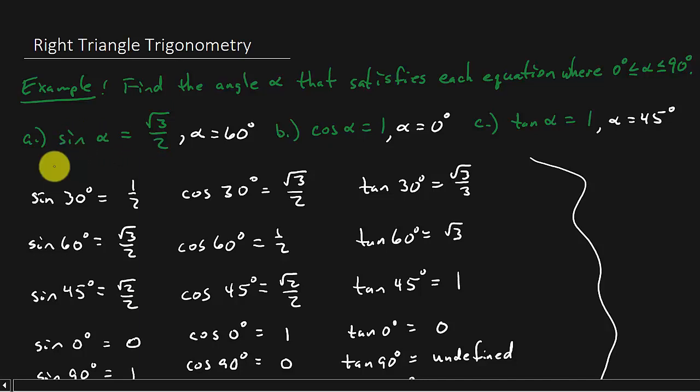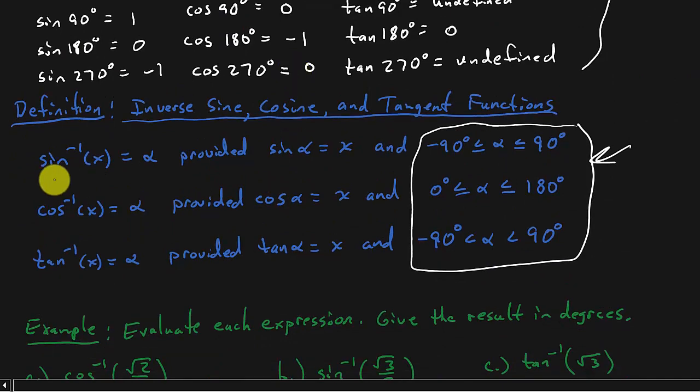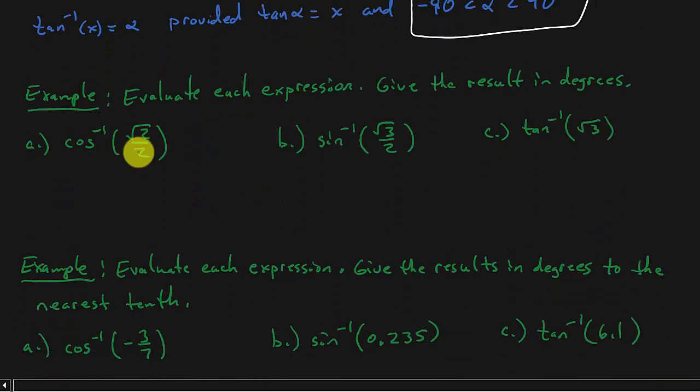You could write this as alpha equals the inverse sine of square root of 3 over 2. All you're doing here is asking yourself, what can I take the cosine of to get square root of 2 over 2?